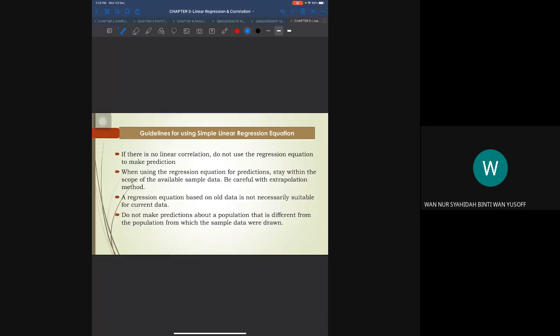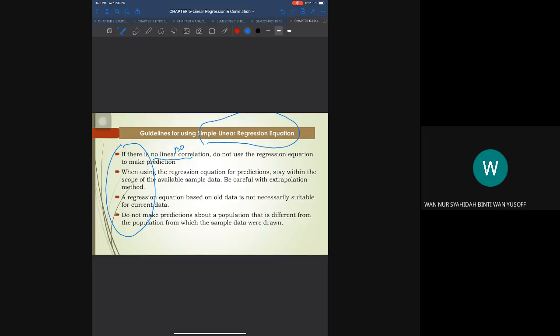So, the guideline of using simple linear regression. These are conditions where we cannot use the simple linear regression equation. If there is no linear correlation, meaning when r equals 0, there is no use for us to construct the equation and make a prediction.